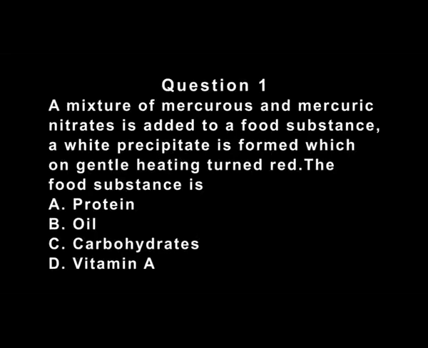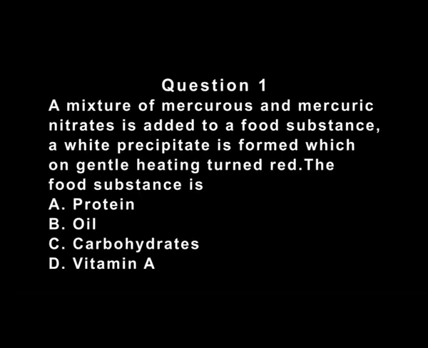The first question here is: a mixture of mercurous and mercuric nitrates is added to a food substance. A white precipitate is formed, which on gentle heating turns red.